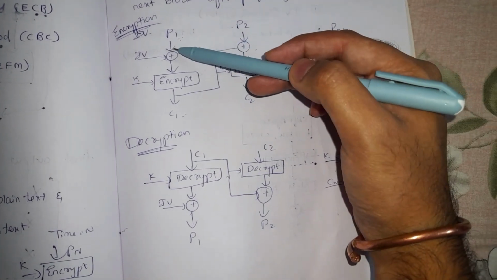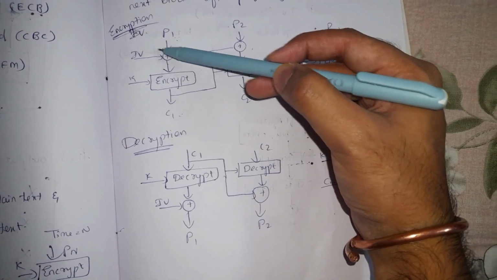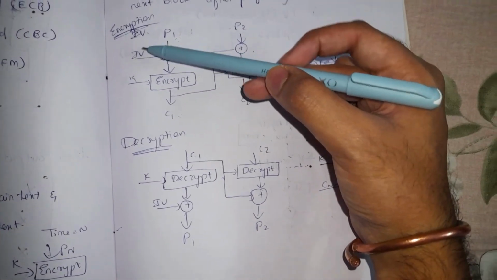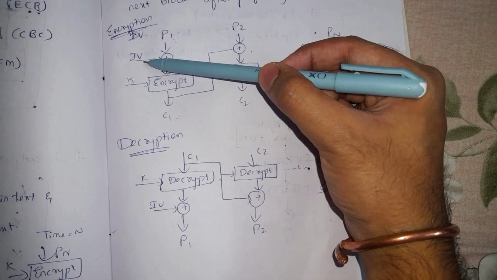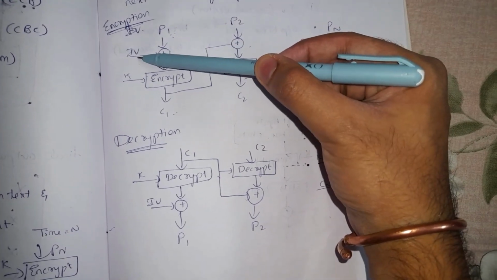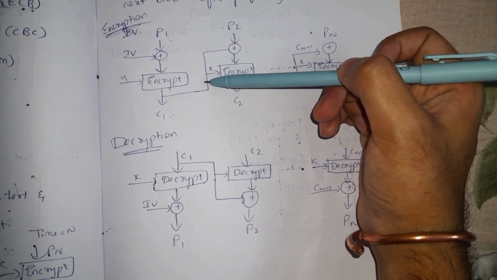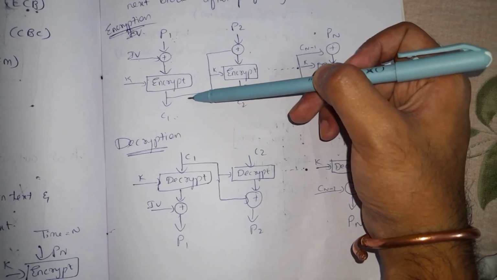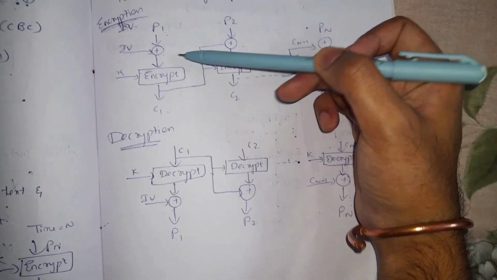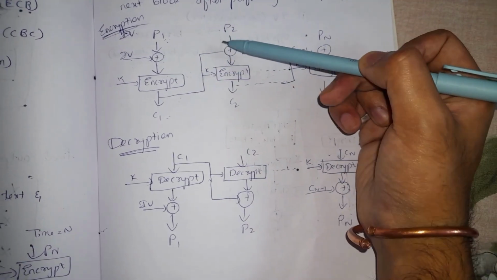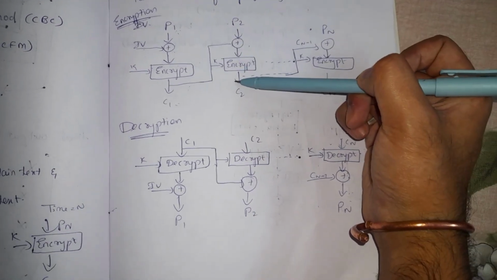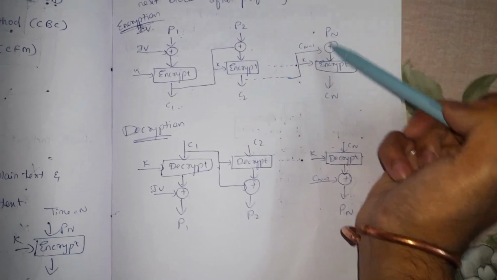We perform the same operation here. In the first round we used the initial vector to perform this operation. Now in place of the initial vector, the cipher text output from the previous round is used as input to perform the encryption and further generate cipher text.